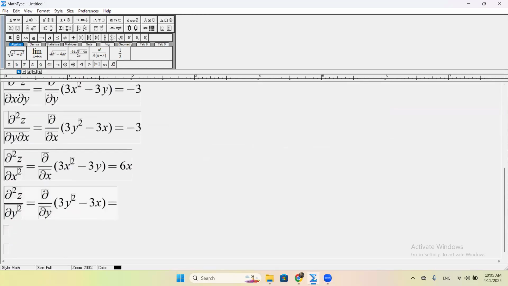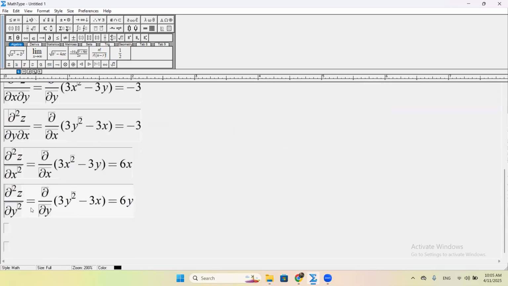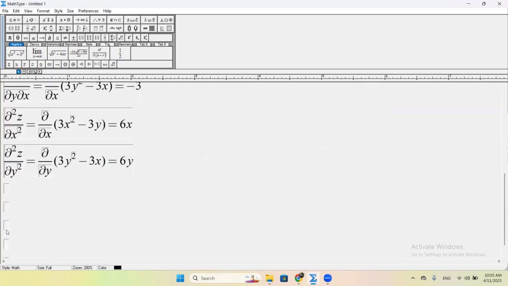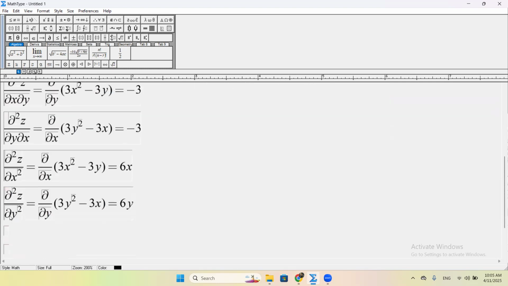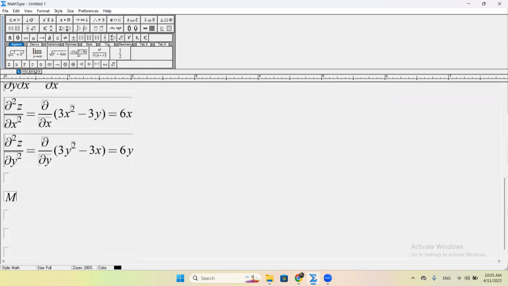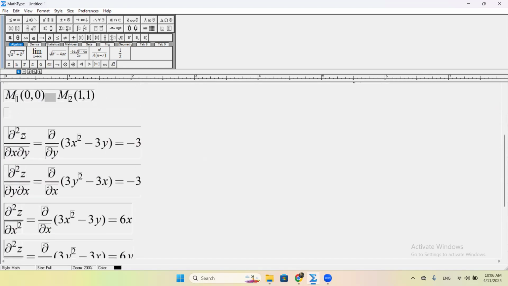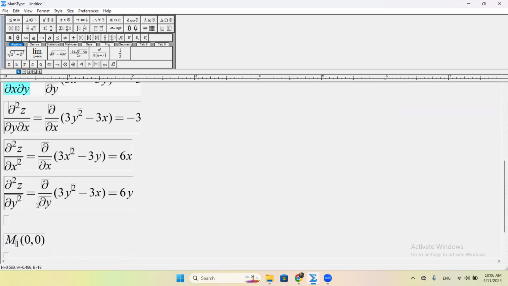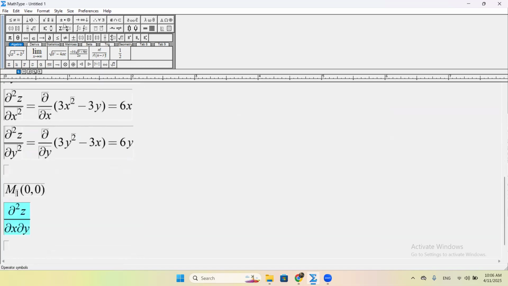So we found the second derivatives, and now we have to calculate their values for both of these points. So what about point M1 with the coordinates 0, 0? Mixed derivatives at this point are constant, but anyway, let's mention them.